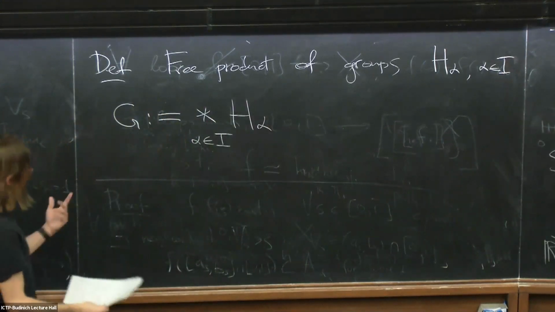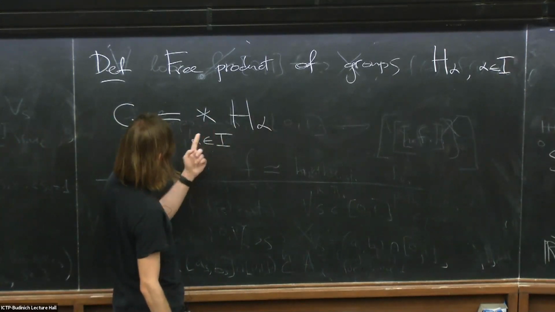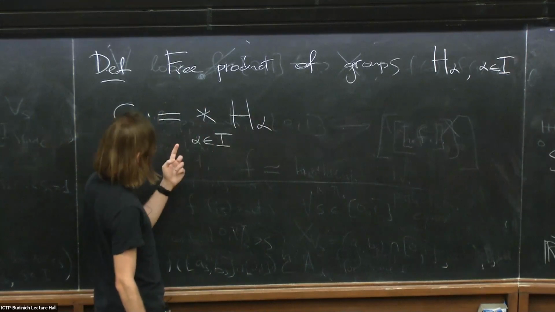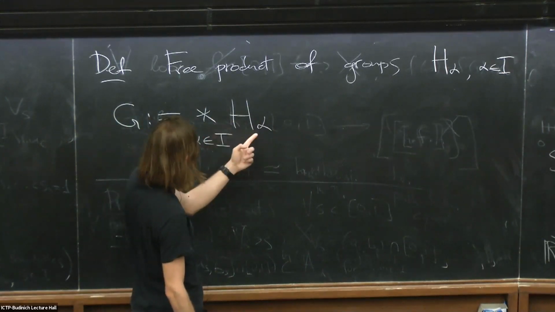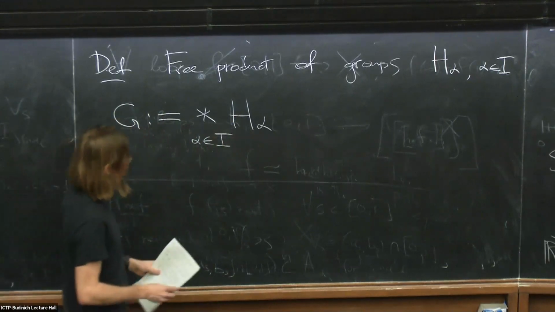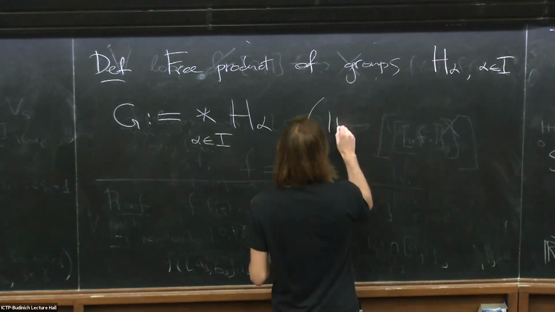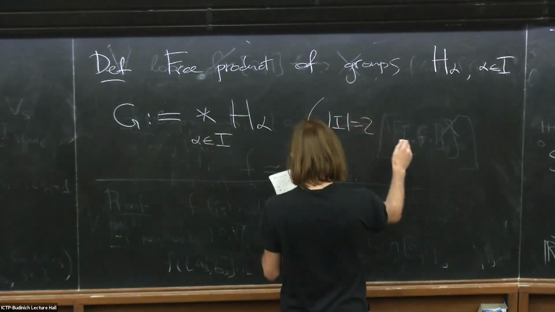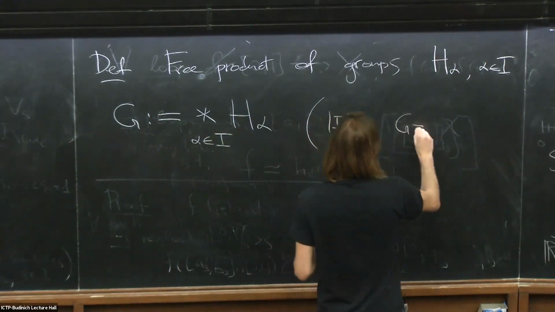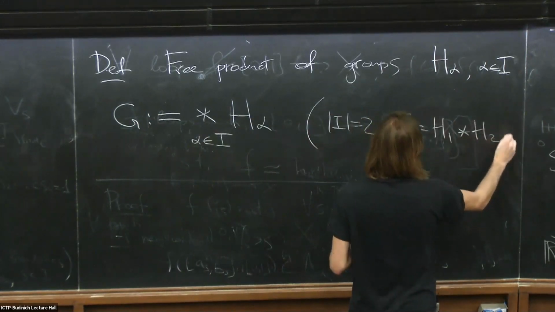A star is a kind of free product operation, and you take this free product operation over all the H alphas, where the index runs over our set I. In particular, you can consider the free product when I is just a set of two elements, so you can just write H1 star H2.